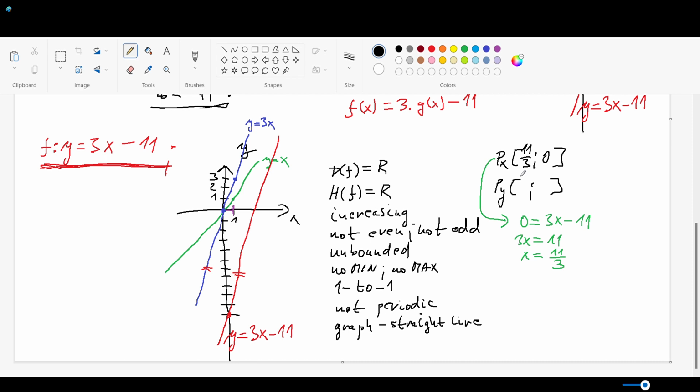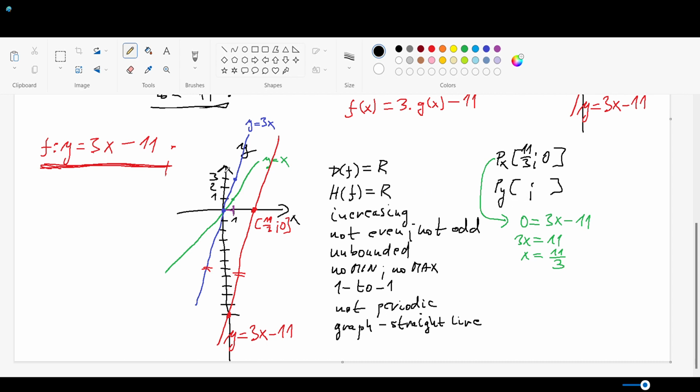So the coordinate of the intercept with the x-axis is 11 over 3, which is basically this point which I was not able to define. So now we know that this point's coordinates are 11/3 and 0.